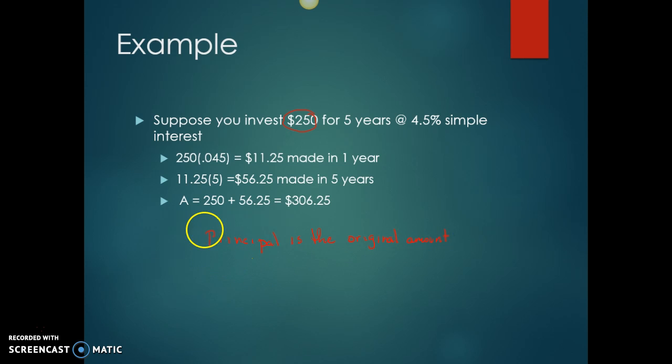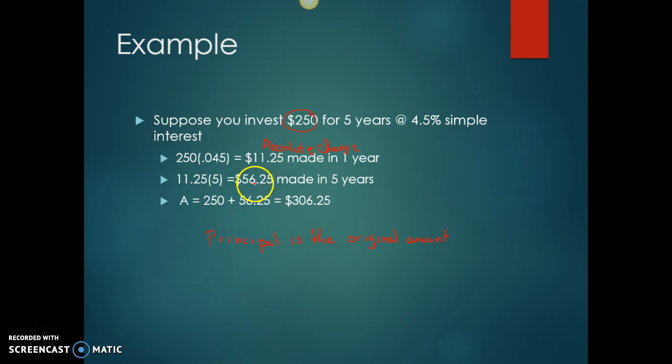And simple interest is the amount of money that's earned, what we also would call an absolute change, or the actual amount increase. So in this case, when we calculate the interest on $250 at 4.5%, 250 times 0.045, this is the actual or the absolute change.